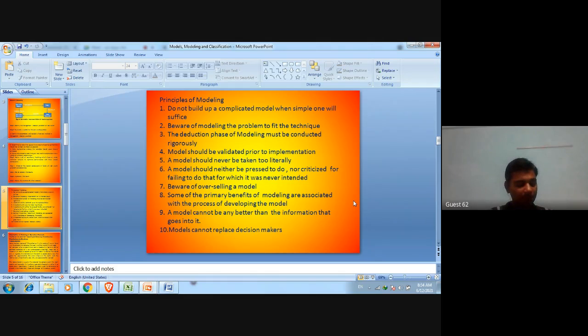The increased technicality of one's methods also increases the burden of responsibility on the OR professionals to distinguish clearly between his role as model manipulator and model interpreter.